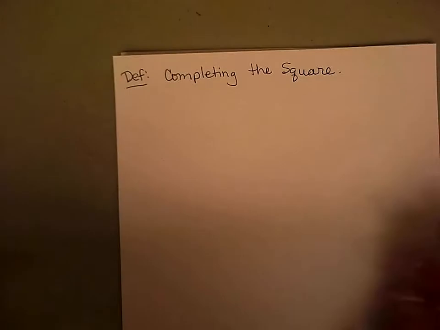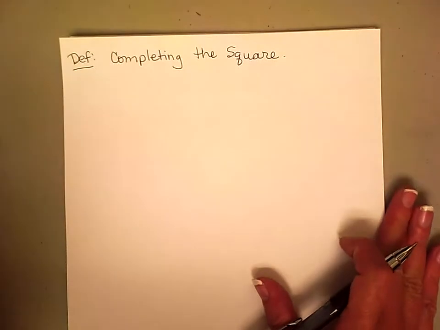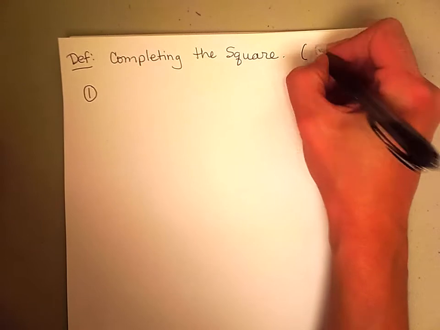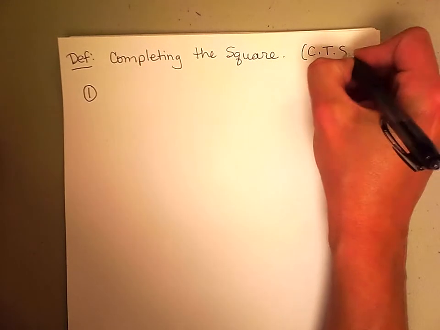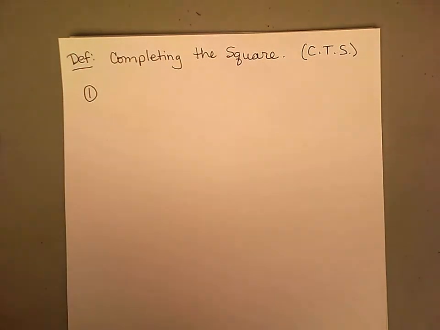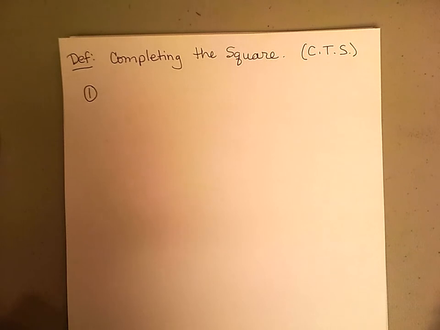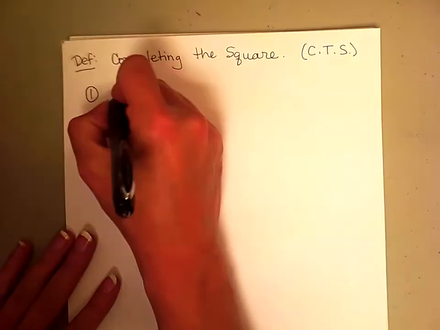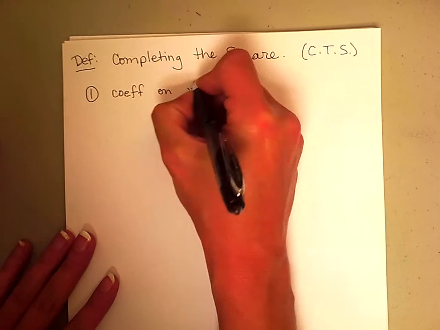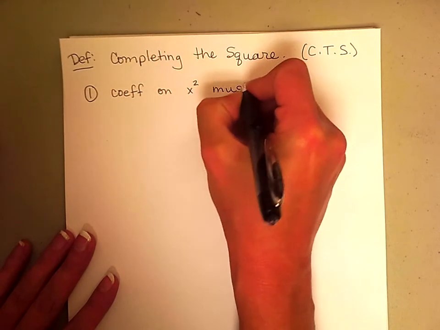Now there's a methodology for completing the square, and we have to remember what the steps are. So number 1, and by the way, I'm not going to write out completing the square every single time, so I'll abbreviate that CTS. If we are going to complete the square, the coefficient on x squared must be 1.